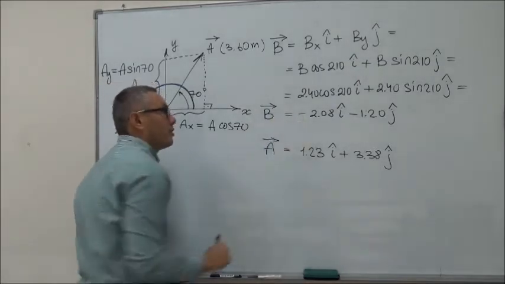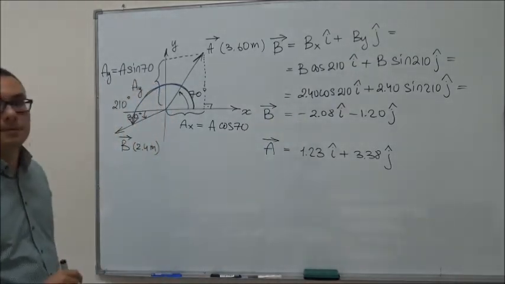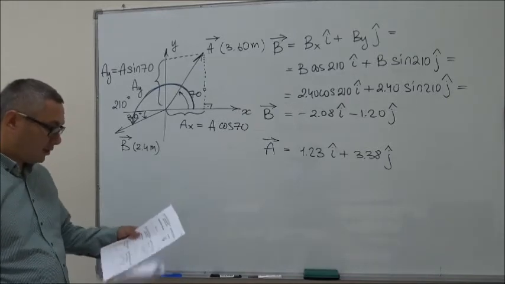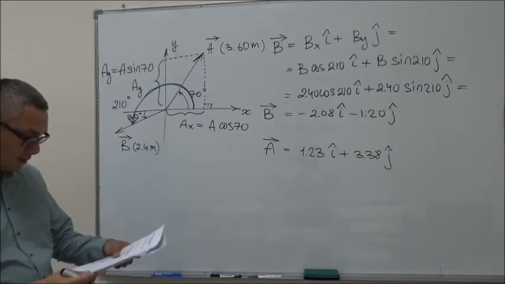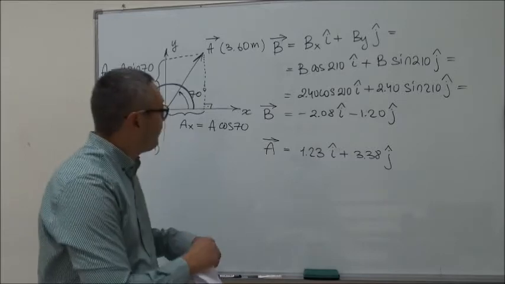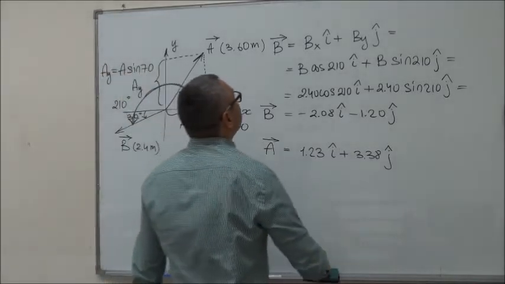So now we have both A and B. In part B of the question, we need to find the C vector.